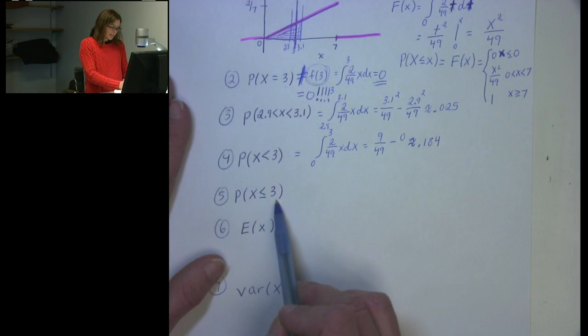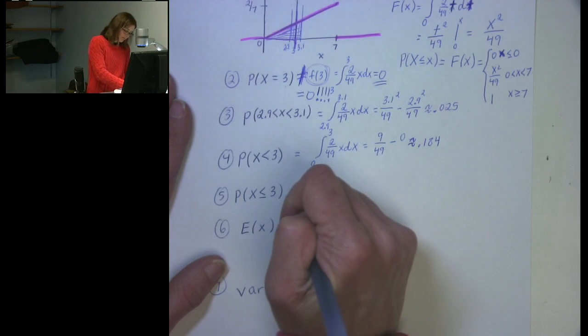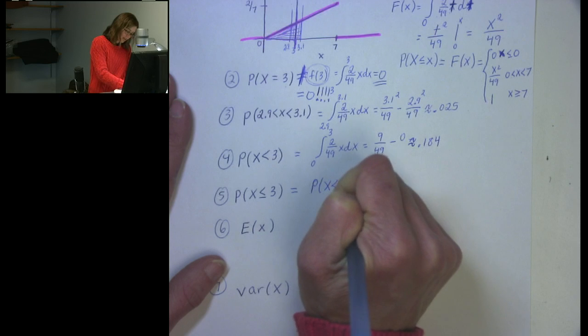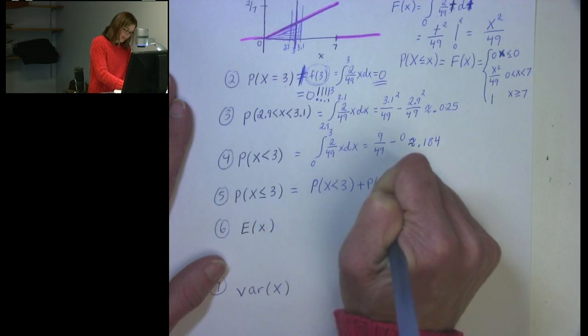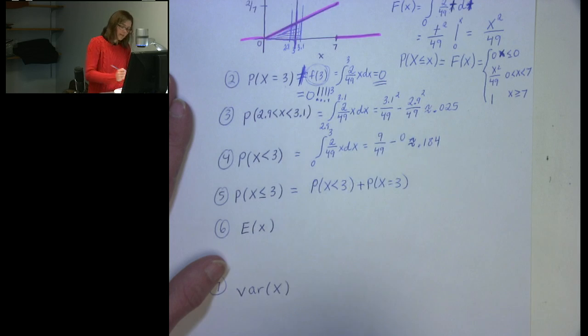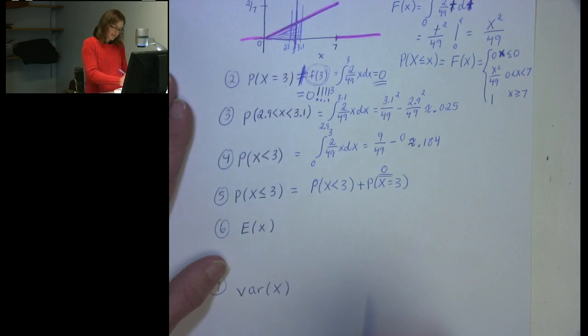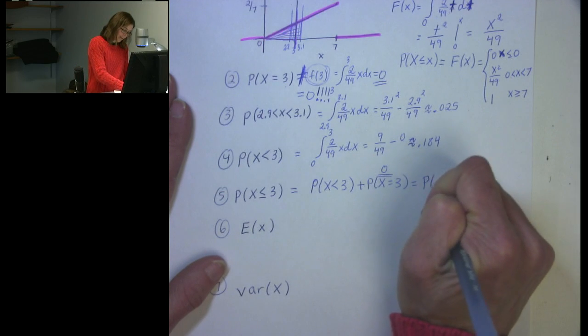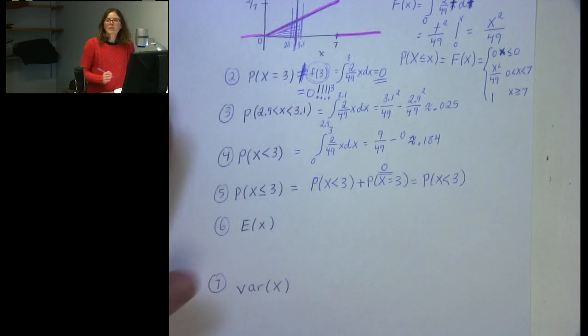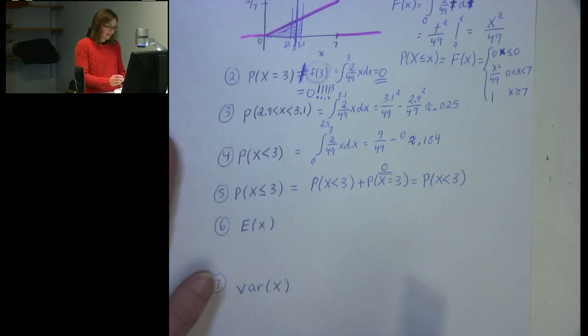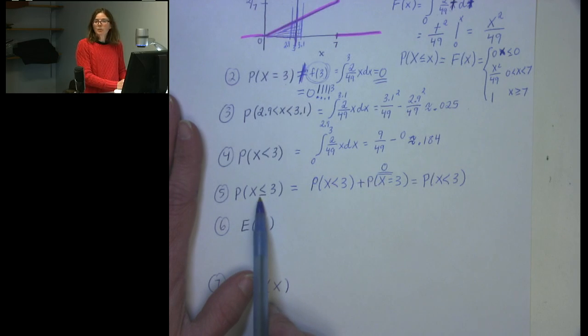The probability that x is less than or equal to 3 is going to be the probability that x is less than 3 plus the probability that x is equal to 3. The probability that x is equal to 3 is 0, right? So this is equal to the probability that x is less than 3. I mention this specifically because sometimes people aren't sure: does it matter if I have a less than or equal to or a less than?